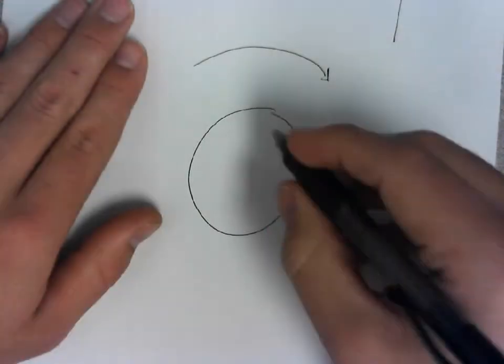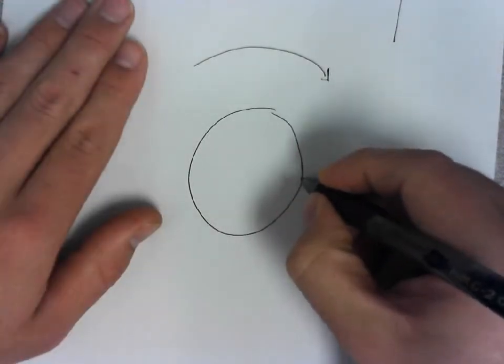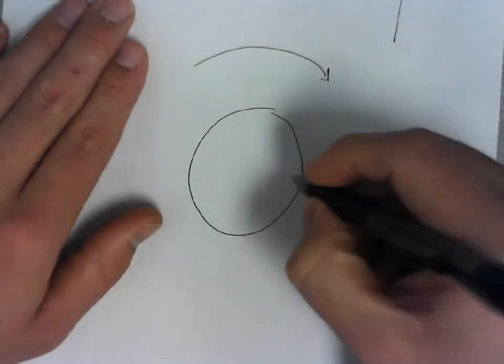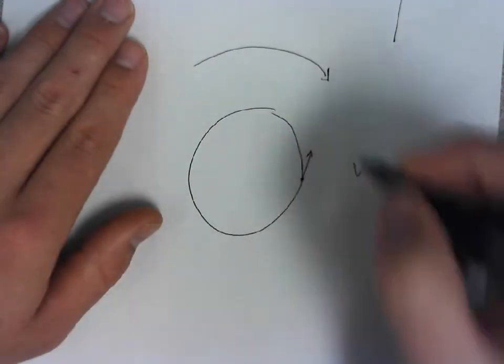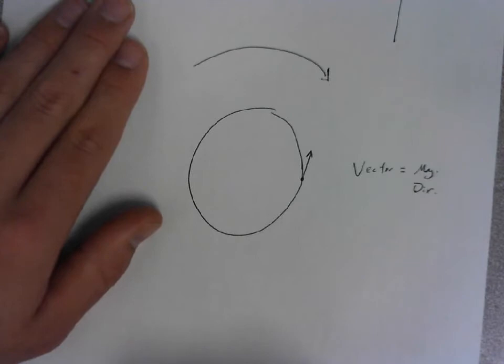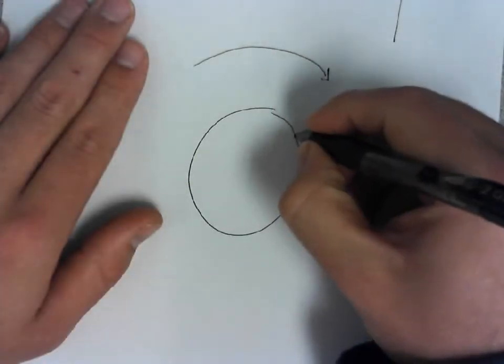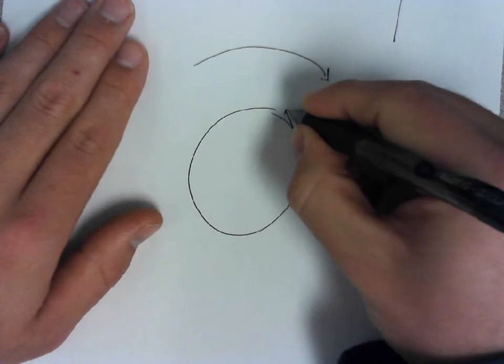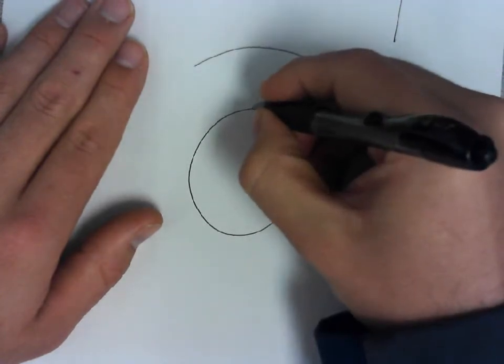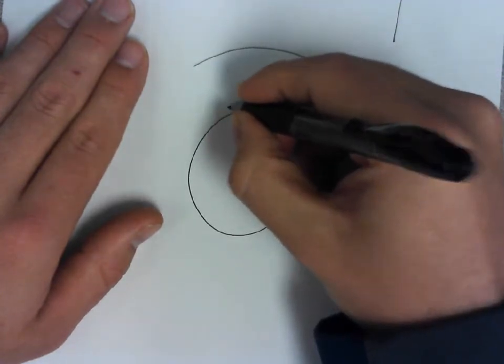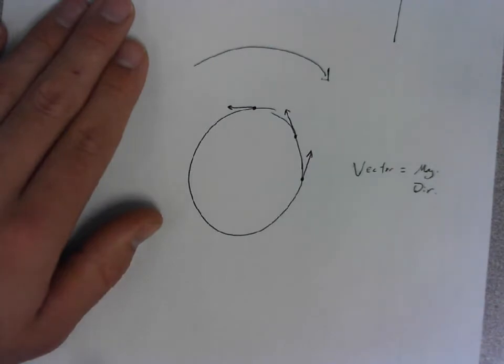So let's imagine on this circle, I've got some object. And it's got what we call a tangential velocity. Now this tangential velocity, as we continue going around, is the velocity that exists at any instantaneous moment.